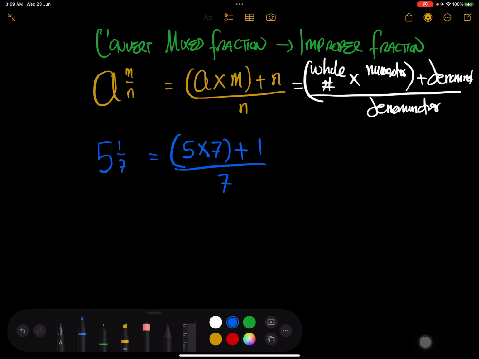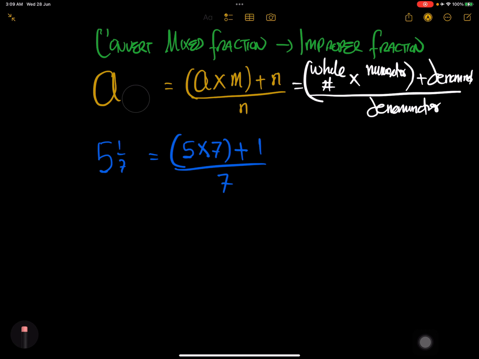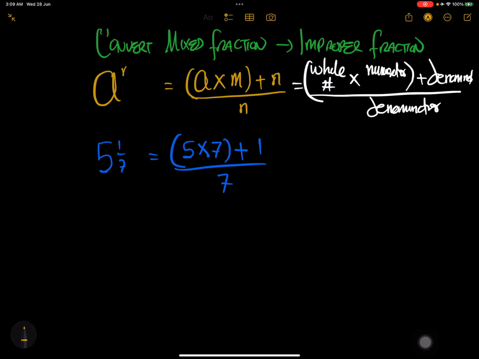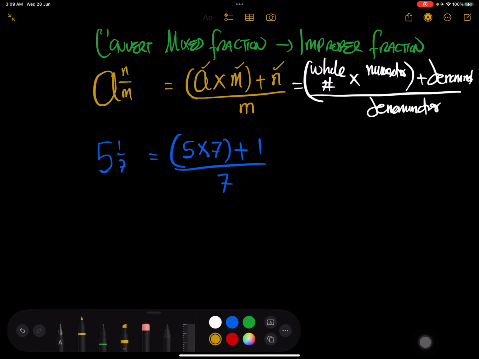Let's do a little trick here. Let's imagine it's a whole number, and then we put an n over m here, where we multiply the denominator and add the numerator, and then divide by the denominator. I think I have to change this formula.